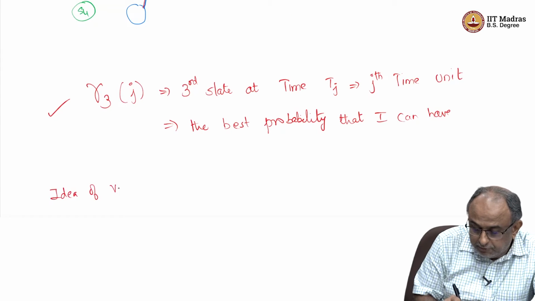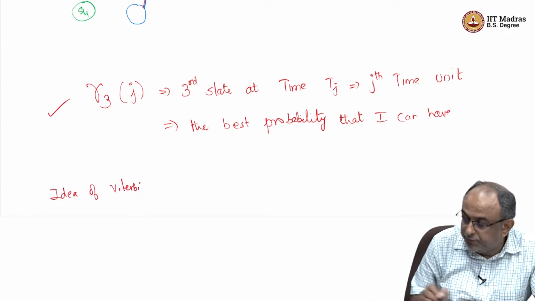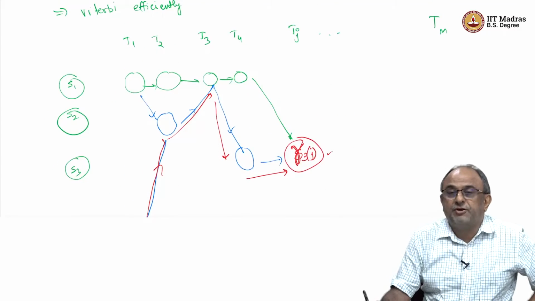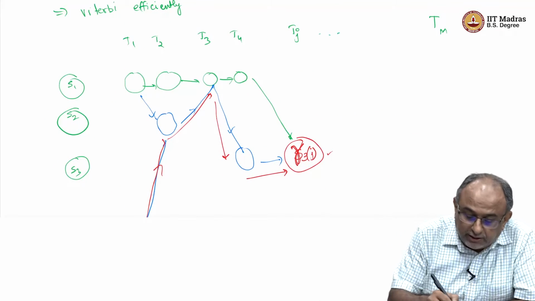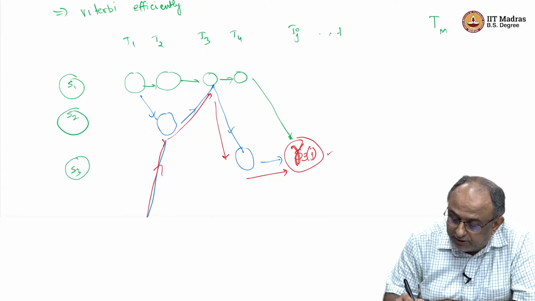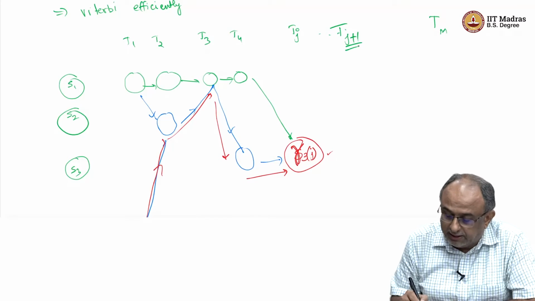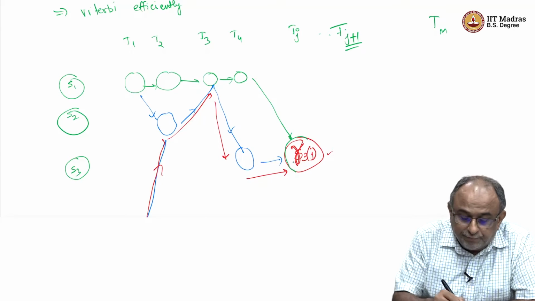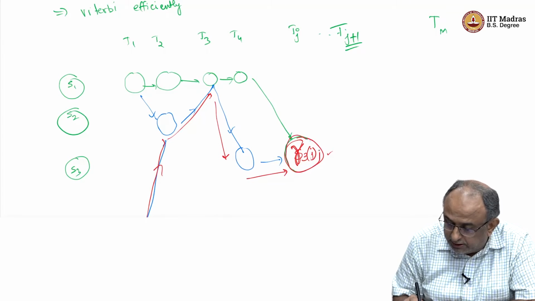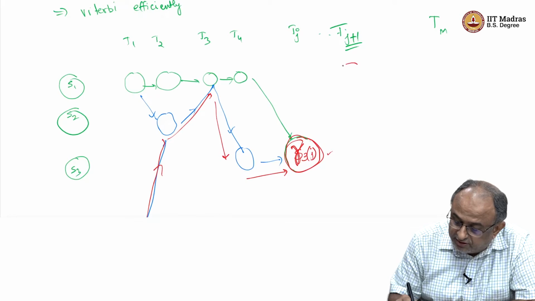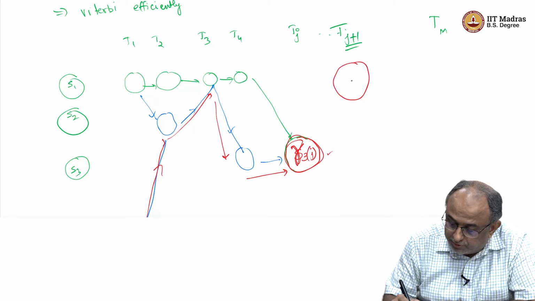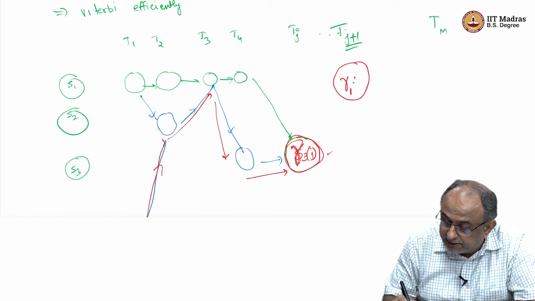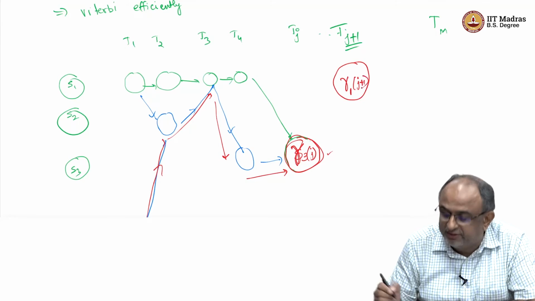Now, if I have solved this problem, let me look at the tj plus 1th point. If I have reached here, this is the best that I can do. Now, I am looking at this particular state, so this will be gamma, but remember the subscript is the first state, and now the j plus 1th time instant.